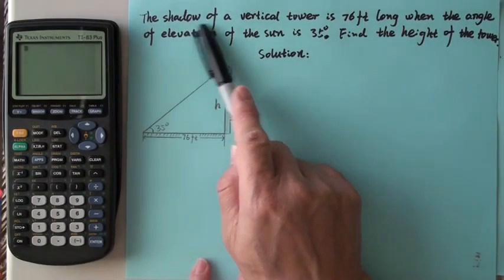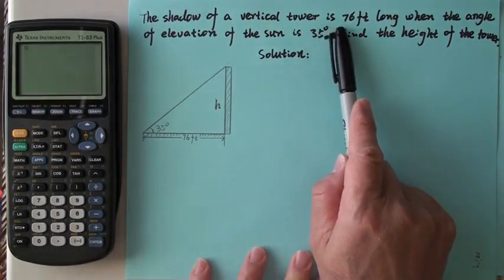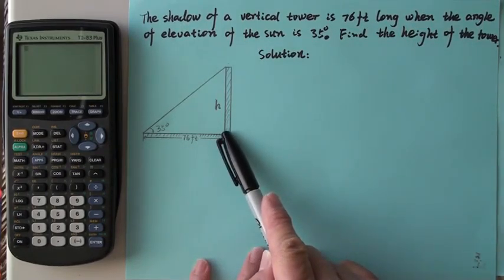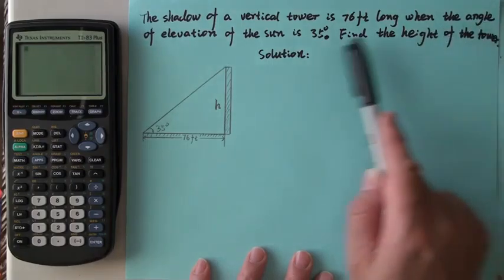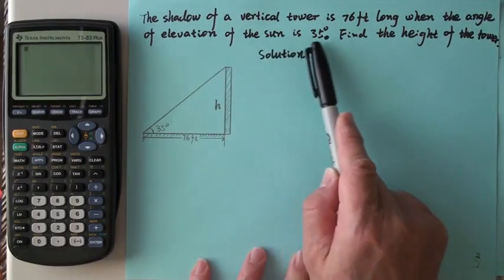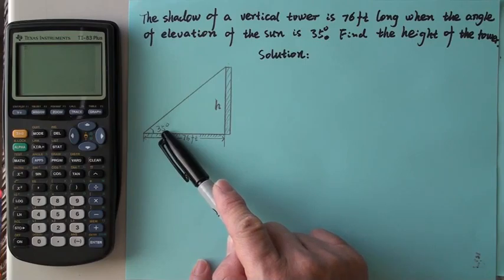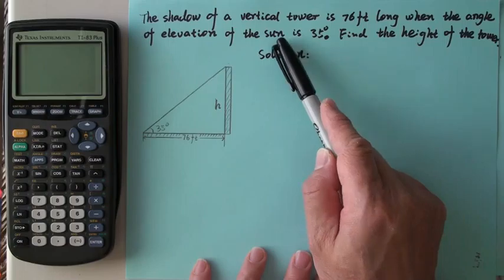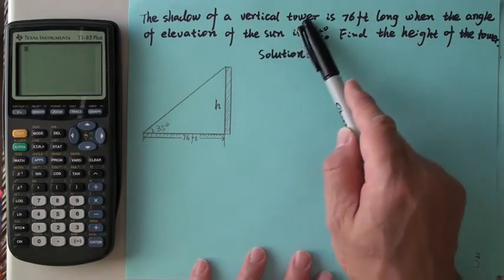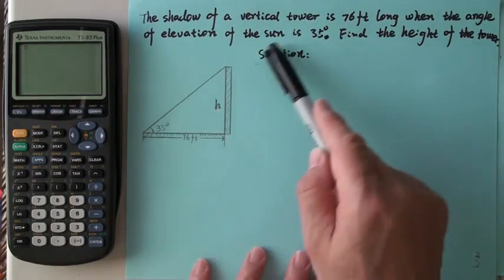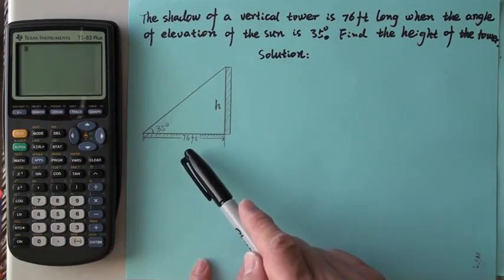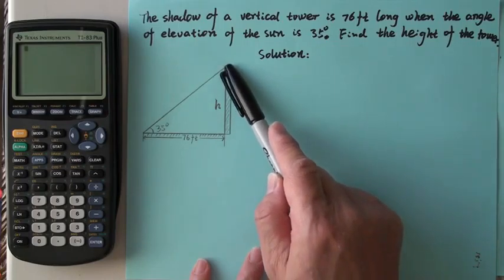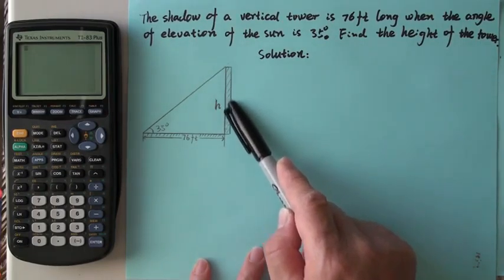A shadow of a vertical tower is 76 feet long when the angle of elevation of the sun is 35 degrees. So the sun is actually somewhere from this side, and the light ray goes down in this way, and then it causes the shadow 76 feet due to the height of the tower.